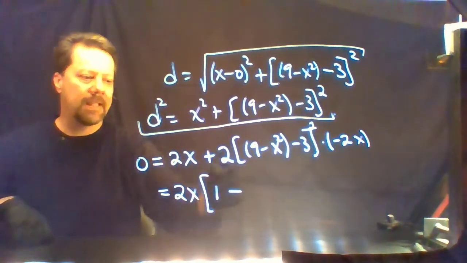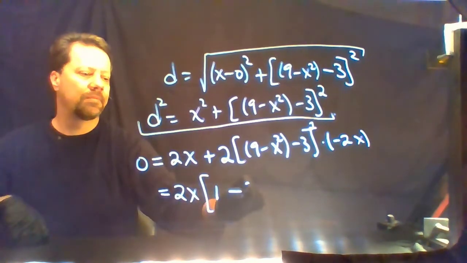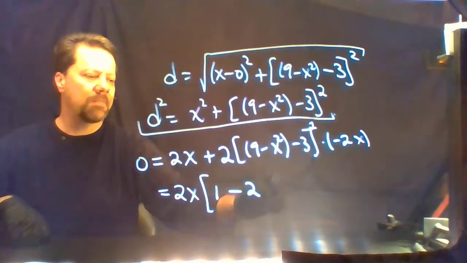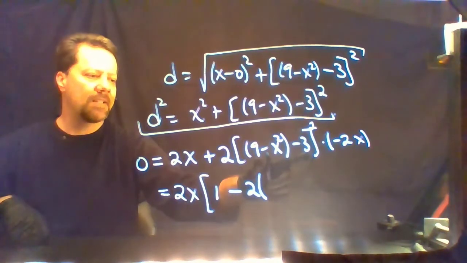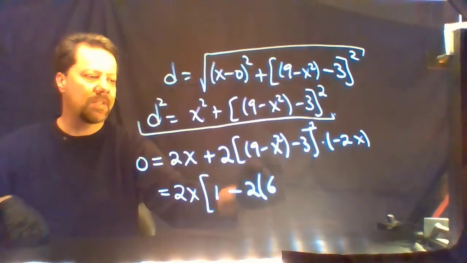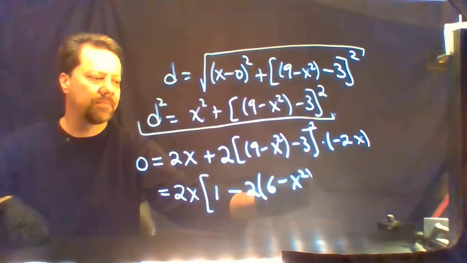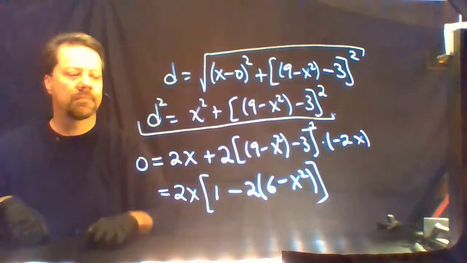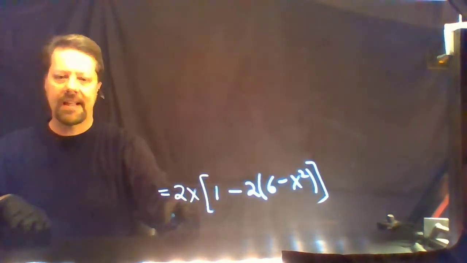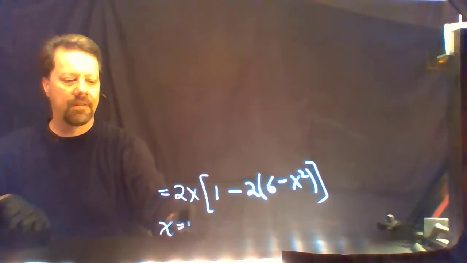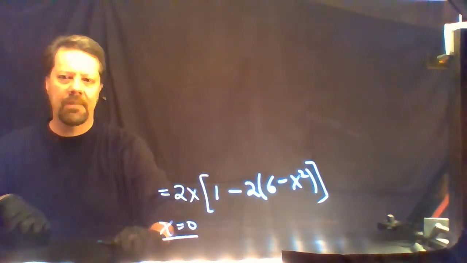I'll have to leave the minus and this too. The rest of this will simplify. 9 minus 3 is 6, and then we still have a minus x squared. You can see that x equals 0 is going to be a critical point.